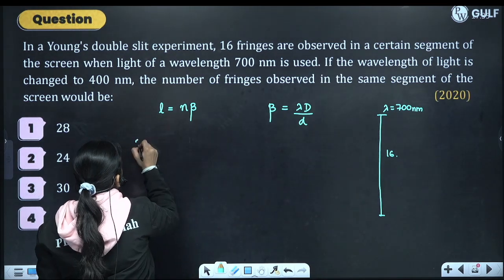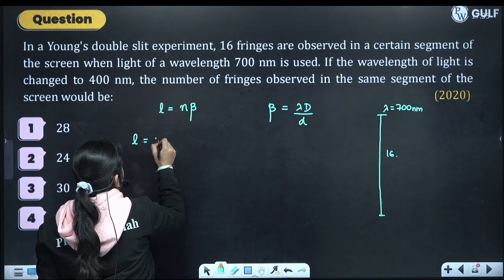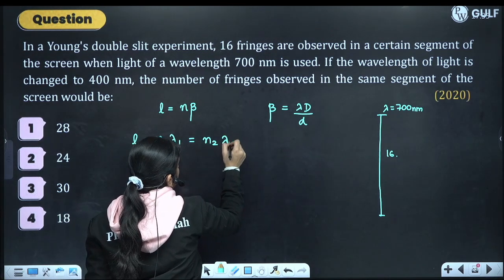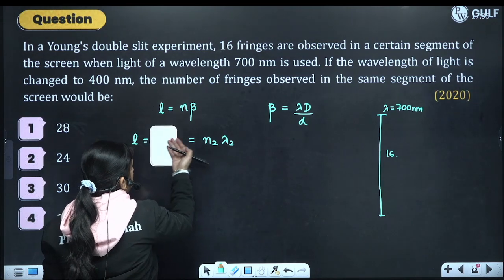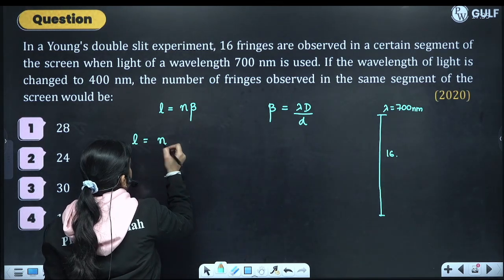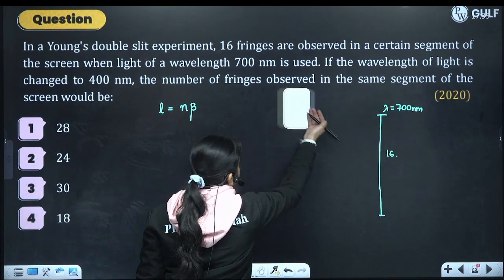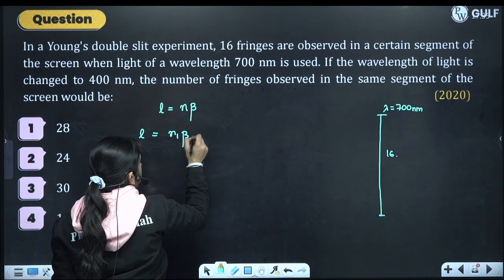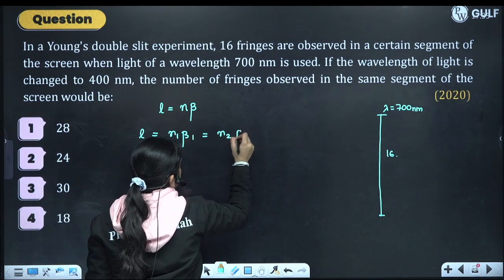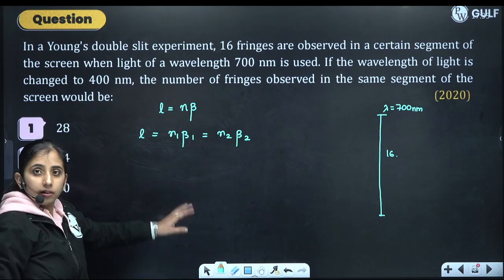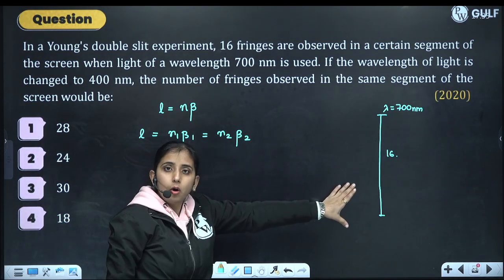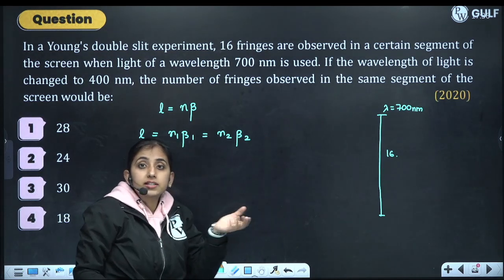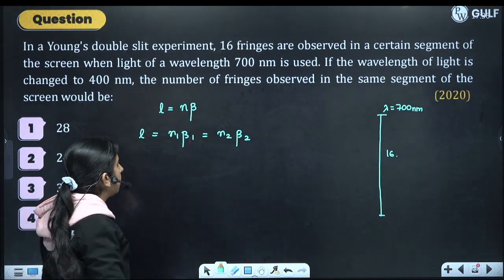So we have L equal to N1 into beta 1 equal to N2 into beta 2, which means N1 lambda 1 equals N2 lambda 2. One fringe has a width of beta, n number of fringes are coming, so length will be equal to n beta.